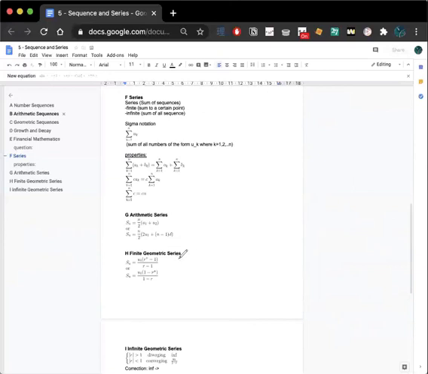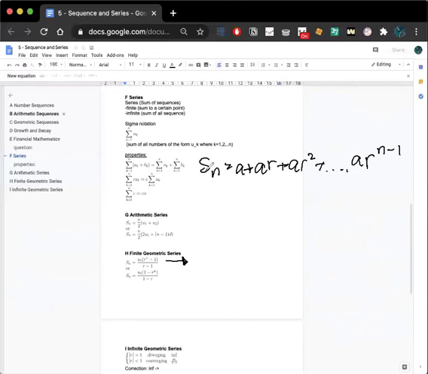For the finite geometric series, you can also find the formula by manipulating the algebra. As you may know, Sn for the geometric series is a plus ar plus ar squared plus and so on until ar to the power n minus 1.